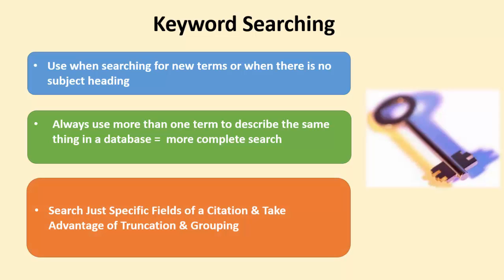Lastly, to make your search more complete or more focused, you may want to take advantage of searching just specific fields of citation and take advantage of truncation and grouping when you can.